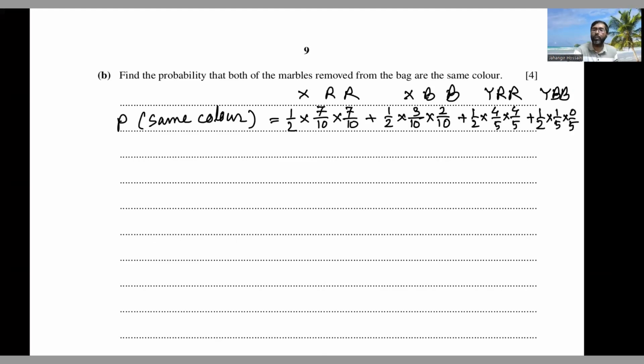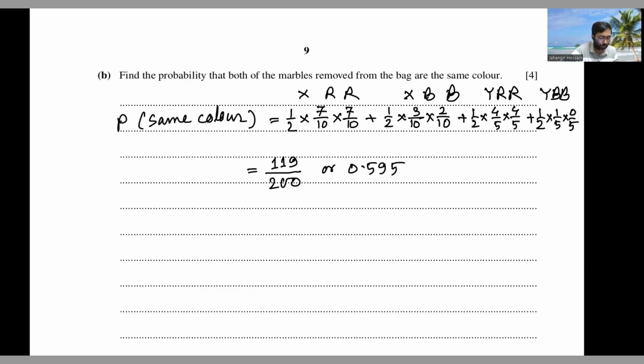So the total probability, if you want to write it as an exact fraction, is 119 by 200, or in decimal, it is 0.595.